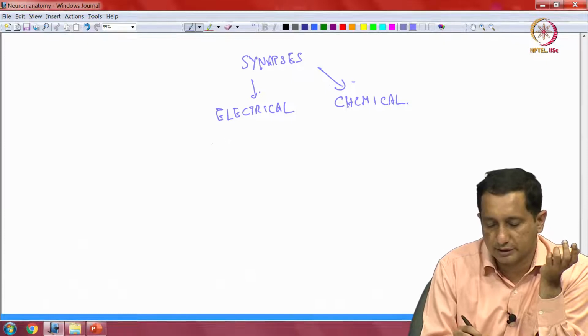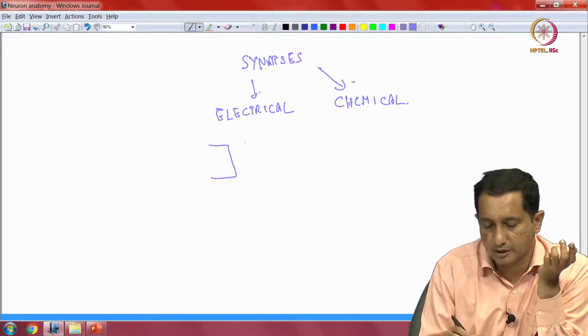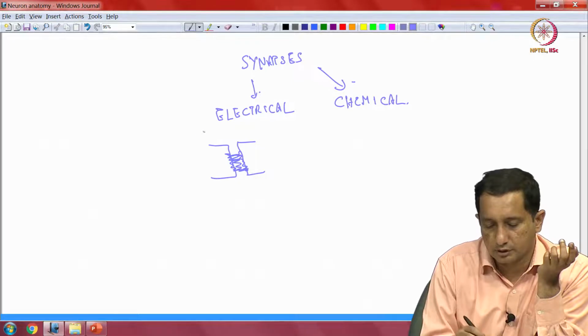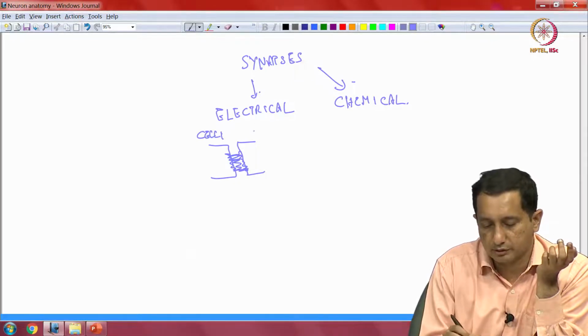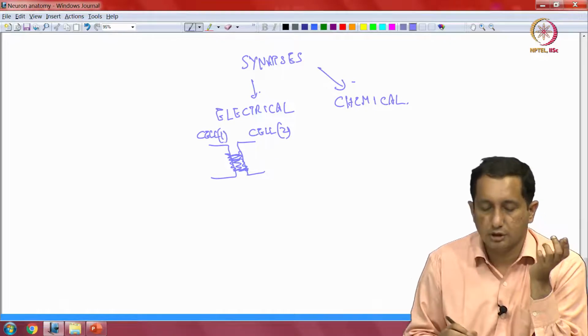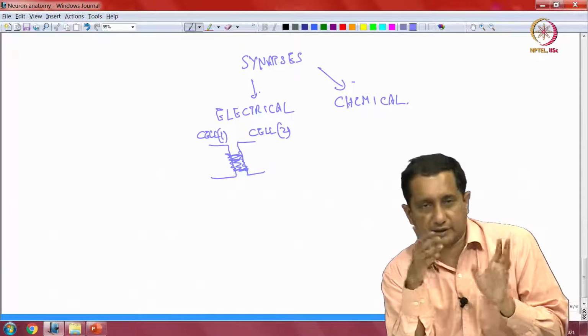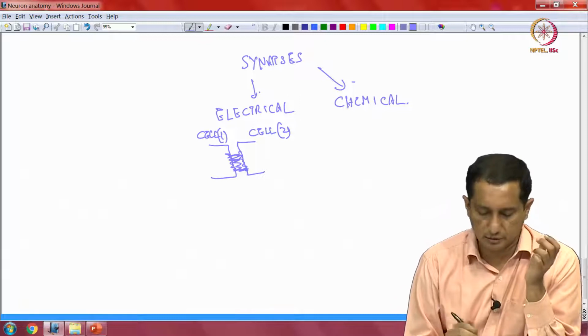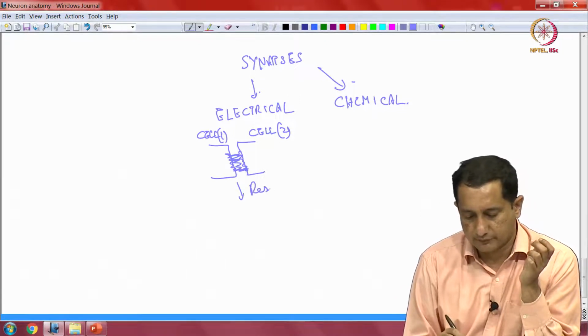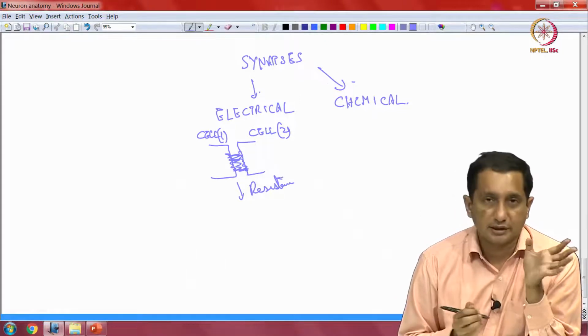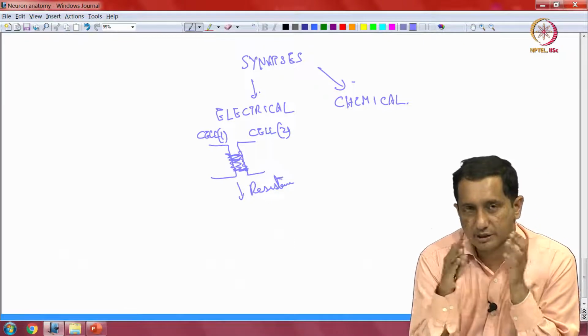So, electrical is you have one junction, and then there is an electrical connect between the two, cell 1 to cell 2. So, cell 1 and cell 2 have electrical connection. Obviously, it is a low resistance pathway, and there is seamless integration between one cell to another.